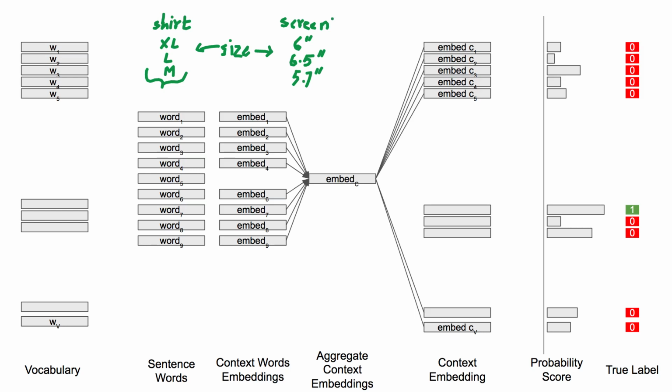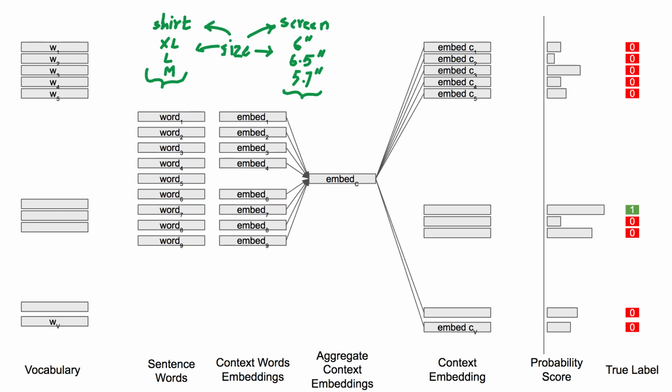And similarly on this side, if screen is the target word, then 6 inches would be updated to help predict screen. 6.5 inches would be updated such that it can predict screen, and so on. And in both the cases, size also gets updated, but in some cases size gets pulled towards this, and in some instances size gets pulled towards this.